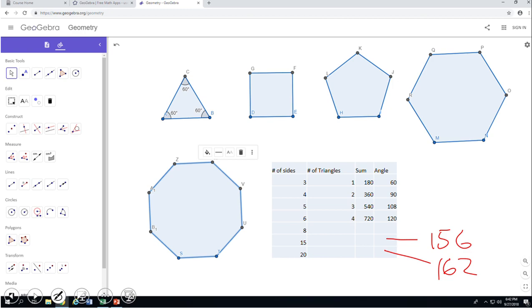Pause the video clip and try to think about finding a formula that will allow us to find the measure of an interior angle of a polygon of n sides.